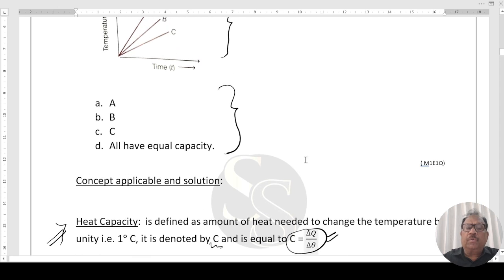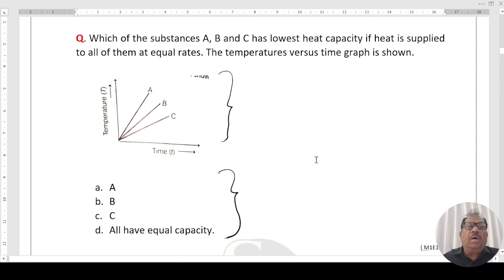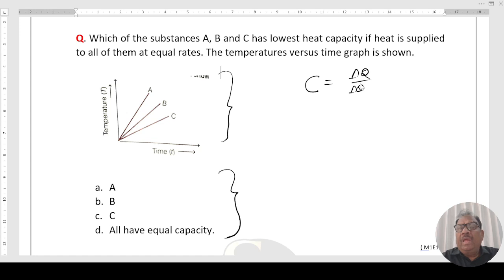Now, according to the question, if heat is supplied to them at equal rates, heat capacity equal to delta Q by delta theta, as delta Q is same. Therefore, C delta theta equal to constant for all the three.